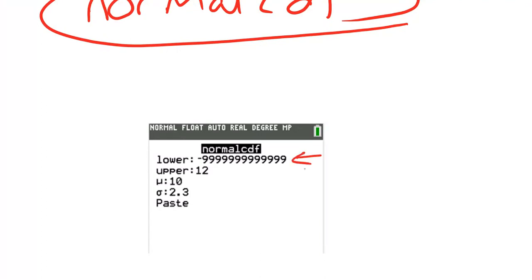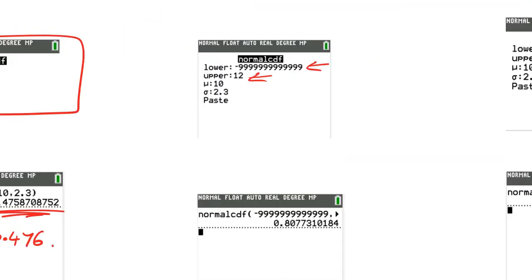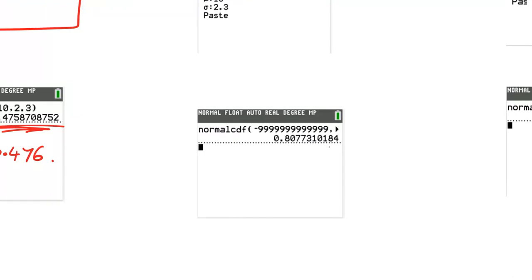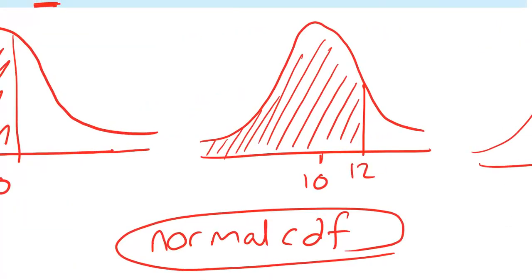So there's how we do our lower boundary. Here's our upper boundary. We've got the same mean and standard deviation as usual. So if we press our button, we should end up with our answer 0.808 rounded to 3 significant figures. And look, this goes on forever. That's why we have this negative 99999.